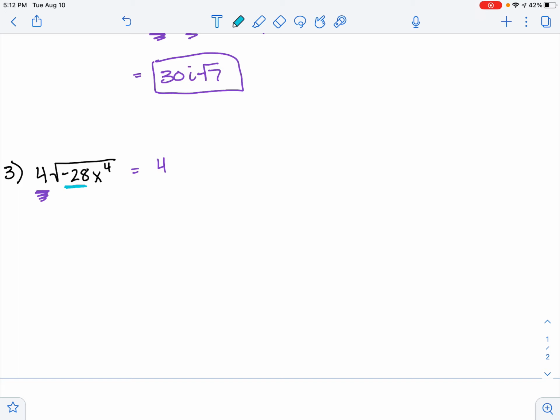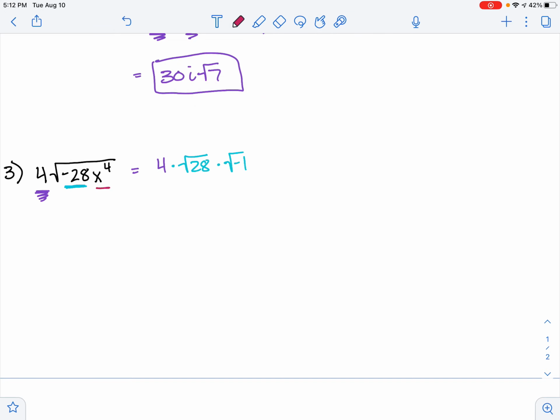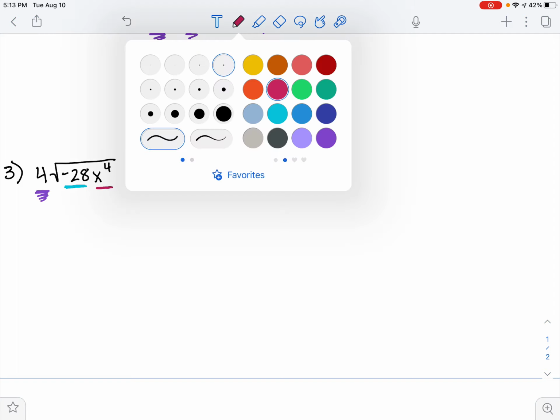I'm going to break up the square root of negative 28 into the square root of 28 times the square root of negative 1, because the square root of 28 times the square root of negative 1 is the square root of negative 28. And then I also have the square root of x to the 4th. So in this problem, I have 4 pieces. We're going to look at each piece individually.